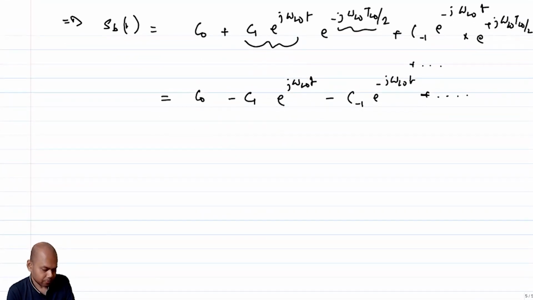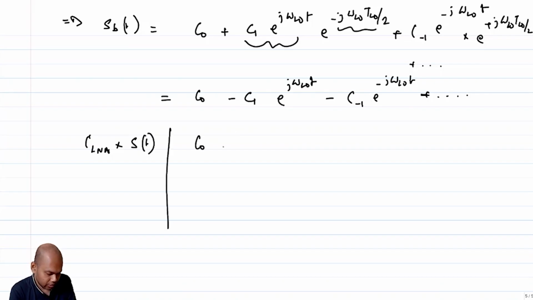So now things are getting interesting because now if I multiply ILNA with S of t, I am only writing out the terms, I get C0 plus C1 plus C minus 1.